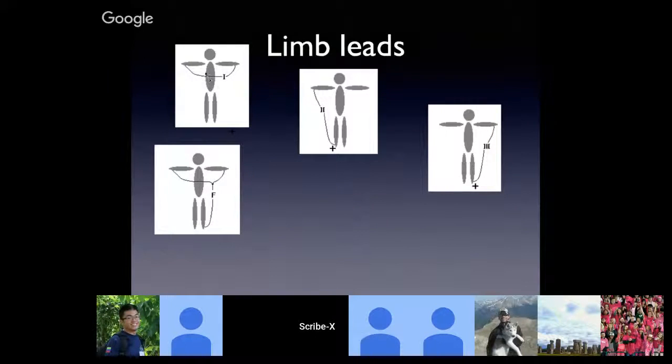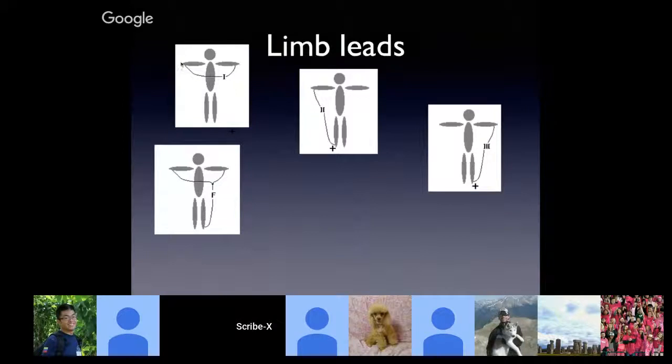So you can imagine that lead 1 will pay most attention to depolarization across the heart happening in a right to left direction. Lead 2 will happen in sort of a diagonal direction from head to toe and right to left. And lead 3 will also register head to toe and left to right.